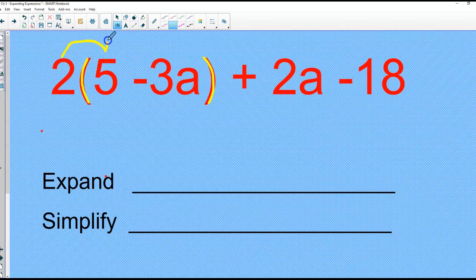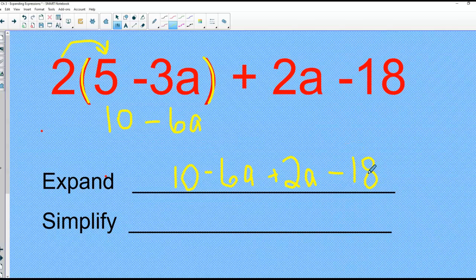So 2 times 5 would be 10, and 2 times 3 is 6a, right? You get 6 and you bring the a down. And again, there's a subtraction sign in there. Okay, so that's what I get from the parentheses. Now, I am going to rewrite everything that's behind it. So the plus 2a, and then the minus 18.